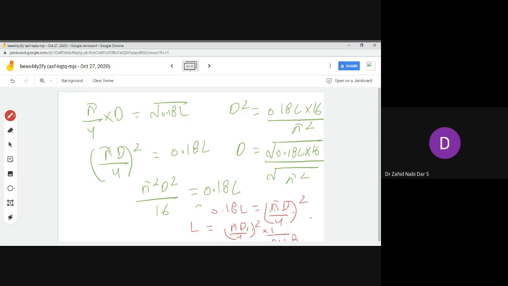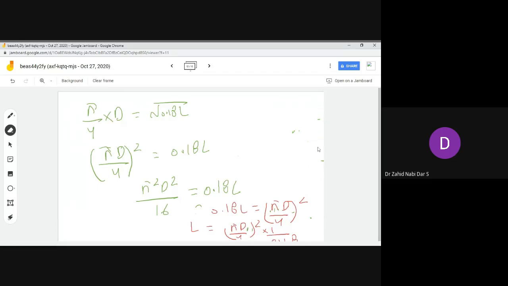So here we can write L is equal to pi d by 4 whole square divided by 0.18.